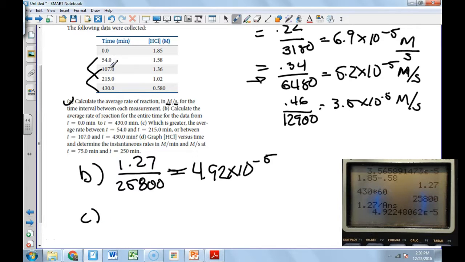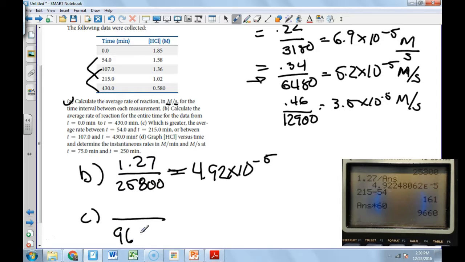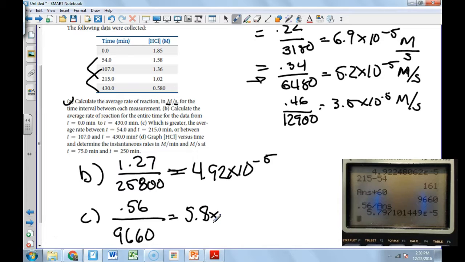So 54 to 215: 215 minus 54 gives us 161, times 60 is 9,660 seconds, and the change in concentration is 0.56. So 0.56 divided by that gives us 5.80 times 10 to the negative 5, again in molar per second.